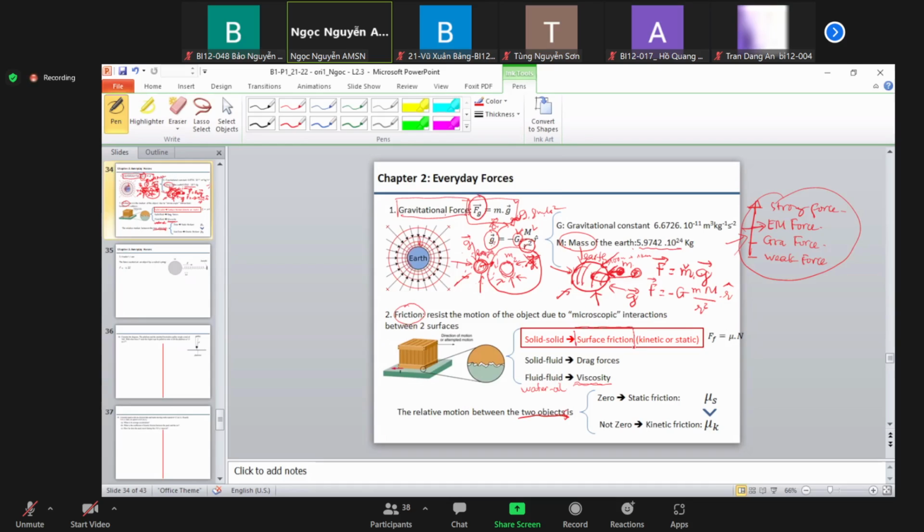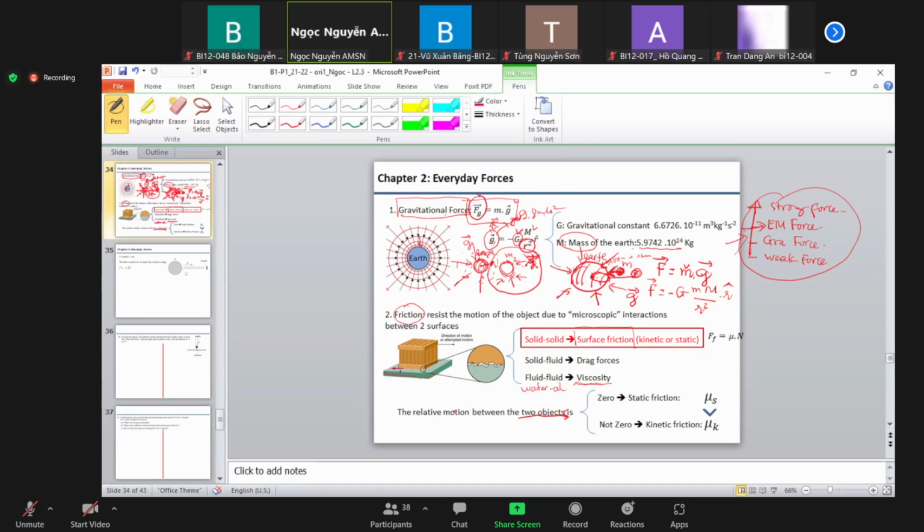Okay, surface frictions. For example, you have a block and you put it on a table like this. When you care about the interactions between solid and solid, you look at the relative motions.